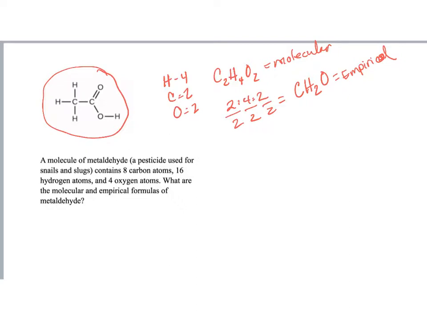It says a molecule of metaldehyde contains 8 carbon atoms, 16 hydrogen atoms, and 4 oxygen atoms. And so we would write that out as C8, H16, and then O4, right? So this is our molecular formula for metaldehyde.